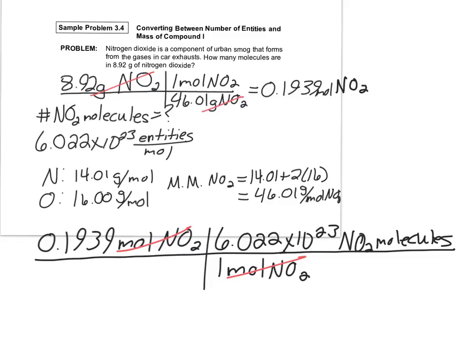So 0.1939 times 6.022 times 10 raised to the 23 equals, I got 1.17 times 10 to the 23 NO2 molecules.